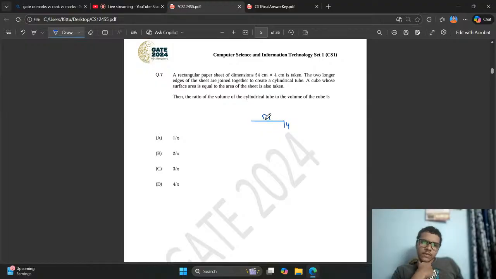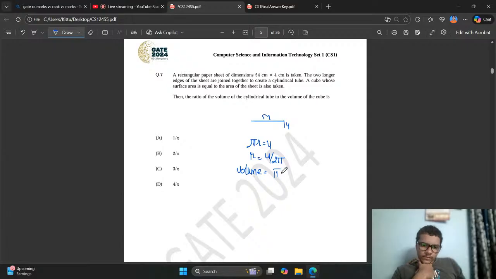The longer edges are joined. A cube whose surface area is equal to the area of the sheet is also taken. So the longer edges are joined, so 2 pi r will be 4, right? So r is 4 by 2 pi and volume is pi r squared h.